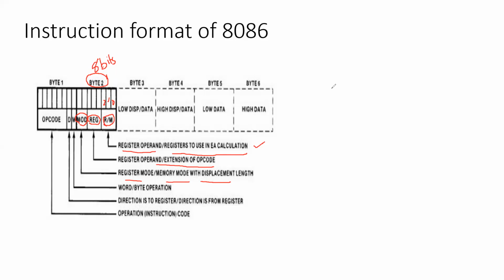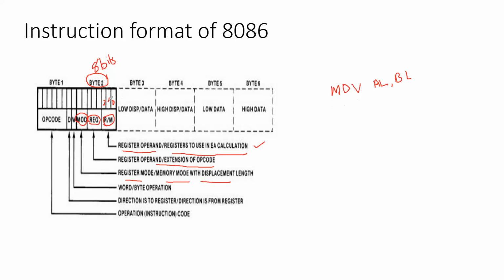In the instruction that you take, let us say, in the previous class we saw an instruction called MOV AL, BL. This was the instruction we saw as an example. The first three bits indicate the register operand or the register to use in the effective address calculation.